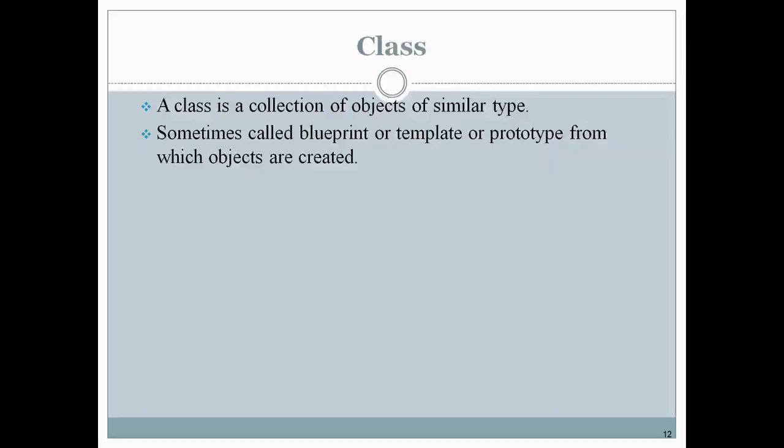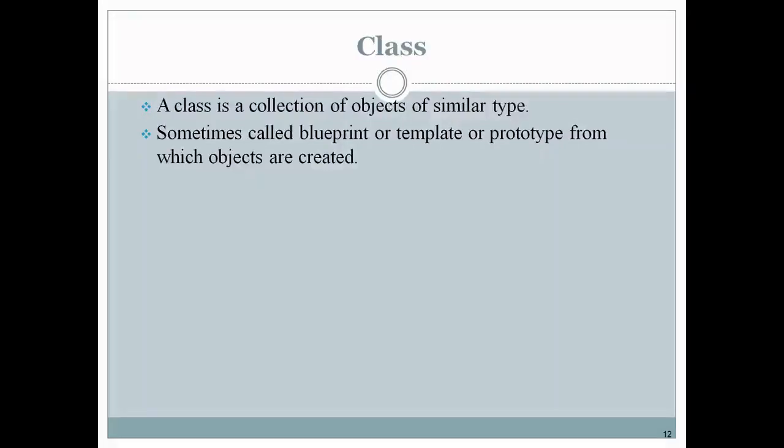This template or blueprint, it is called as a class. Class tells us what properties and methods should be included in the object. So first we have to create a class, that is a template or a blueprint, and from this template or a blueprint we can create any number of objects.